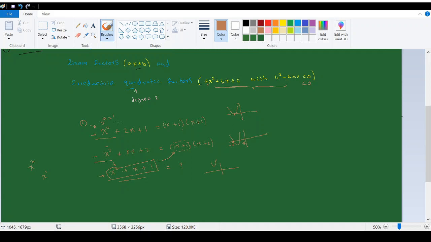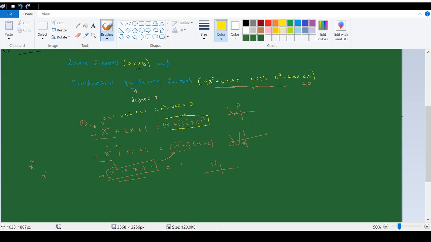So in the first polynomial, the value of a is equal to 1, b is equal to 2, c is equal to 1. Therefore b squared minus 4ac will be equal to 0. It is not negative, so linear factorization is possible, and we have already found the linear factors.